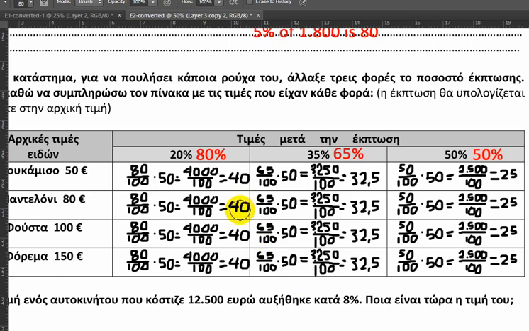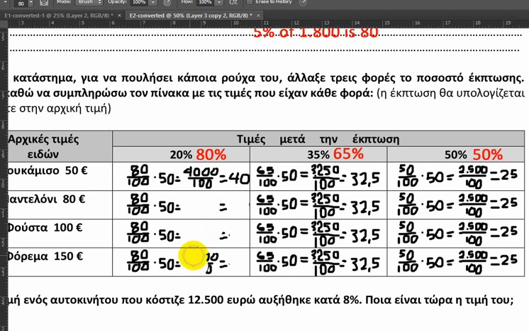Now the results won't be the same, definitely, and this fraction won't be the same. So let's just do this a little bit faster.